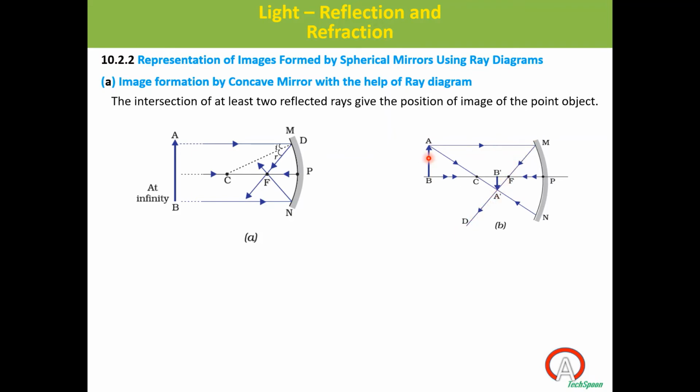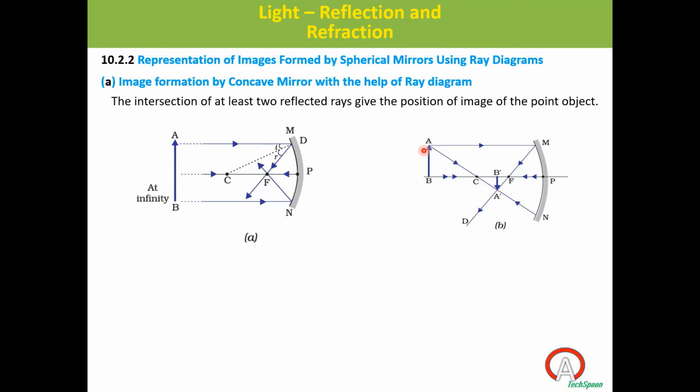The second incident ray is also starting from the top of the object. This is the bottom of the object and this is the top of the object. The second incident ray also I am starting from the top of the object, reflecting back. So both intersect at this point, right?